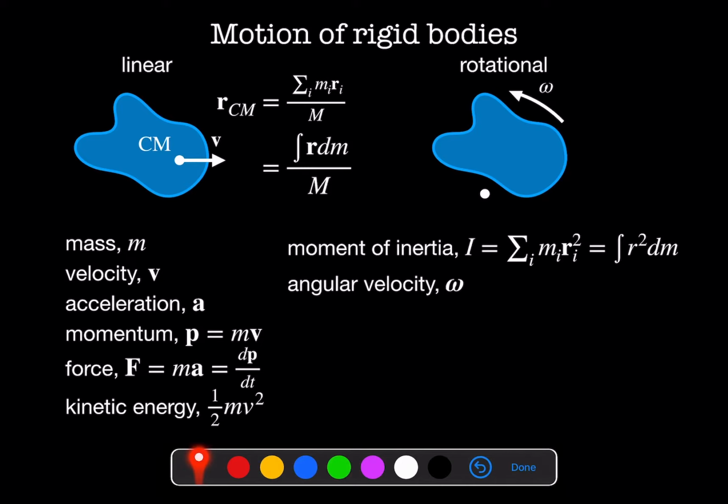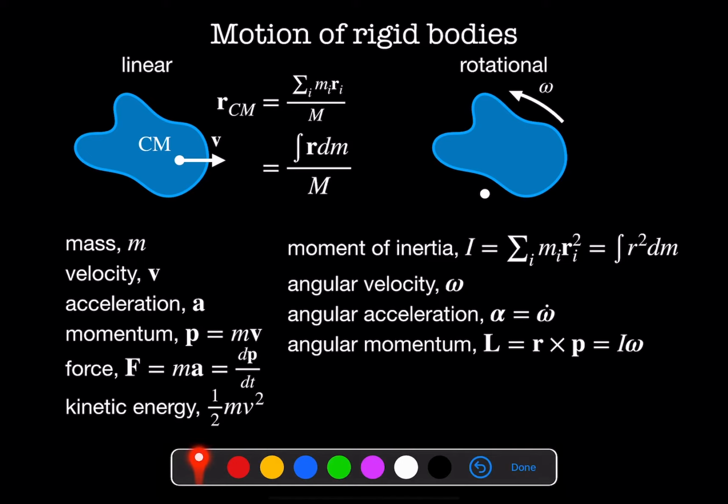We can take the derivative of this and we get angular acceleration, which is alpha. Instead of momentum, we have angular momentum, which is either r crossed into the momentum or equivalently I times omega, and these are both vectors. Instead of force, we have torque, which can be written in a variety of different ways.